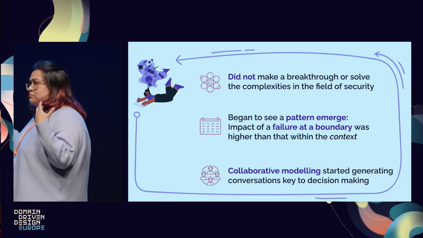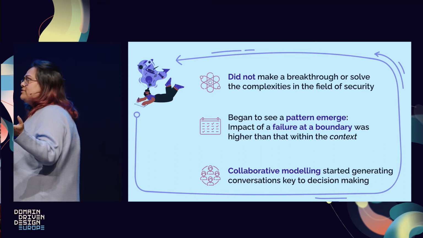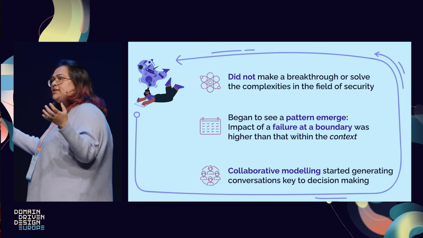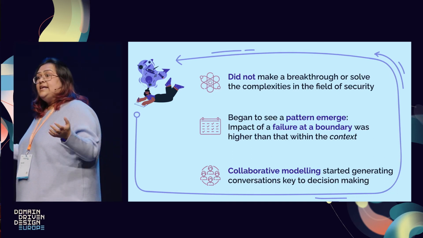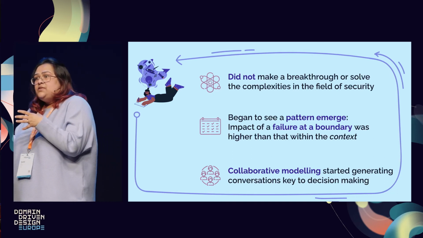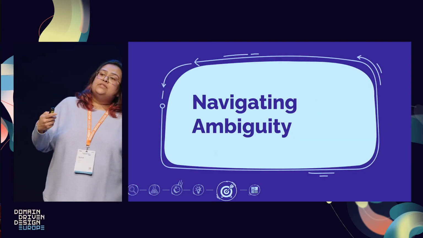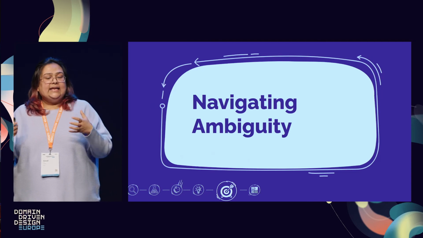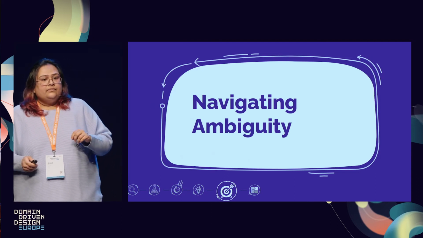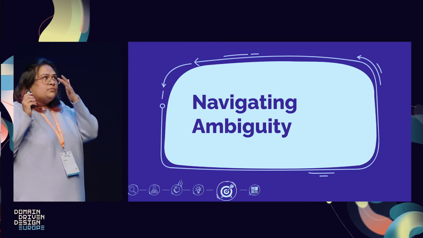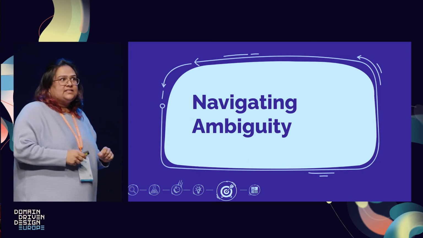And in addition to all of that, as we looked at our use cases, we started finding that the fact that we were collaboratively modeling the domain and working through the implications really aided decision making. And that was a big win for us.